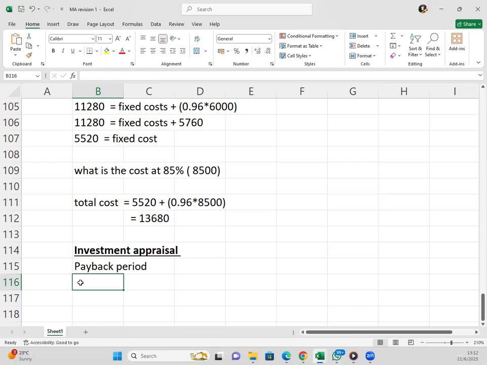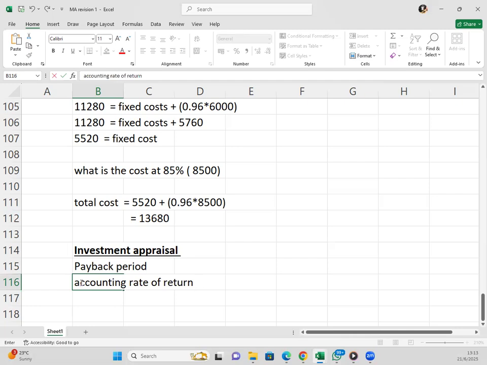Besides the payback period, we also have the accounting rate of return. This is equivalent to the return on capital employed.